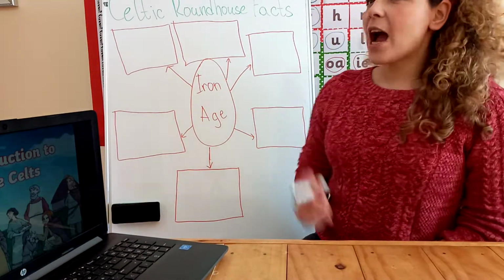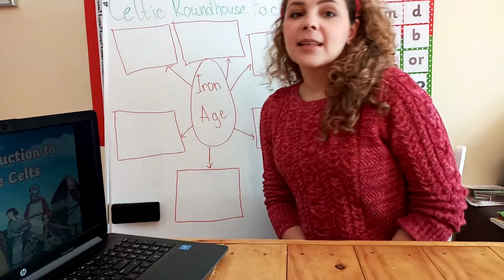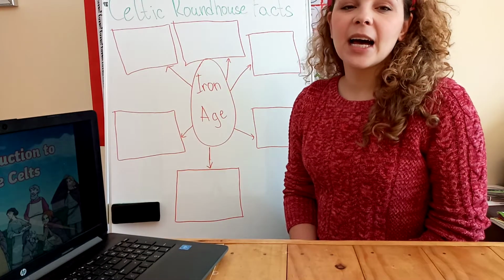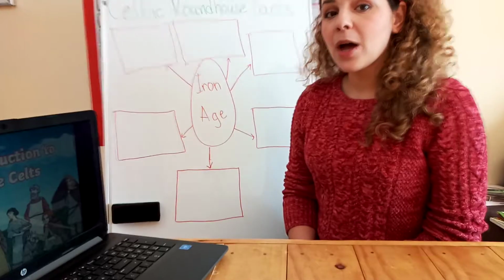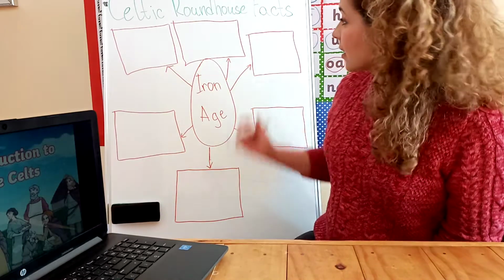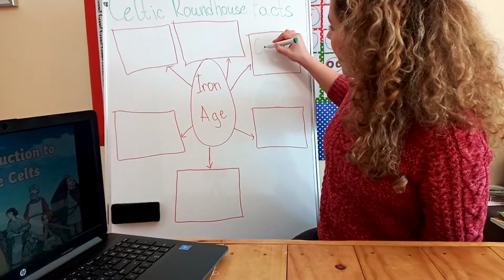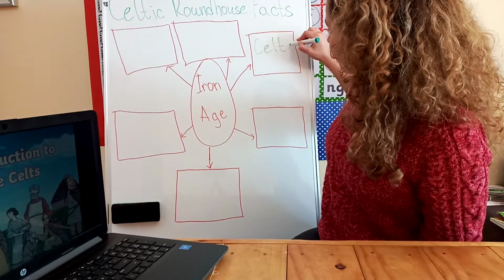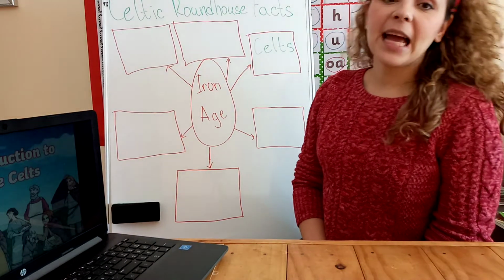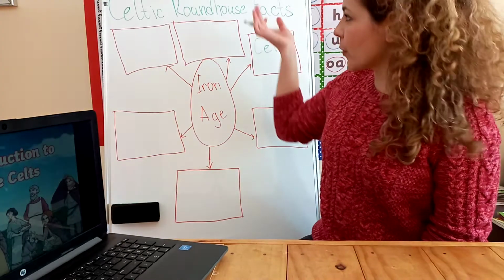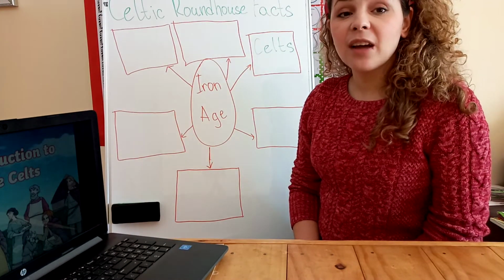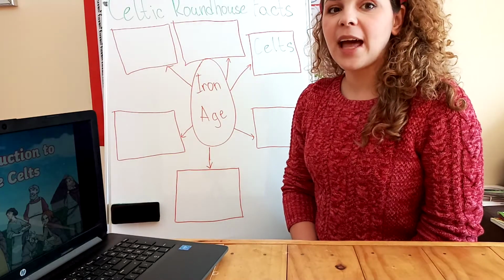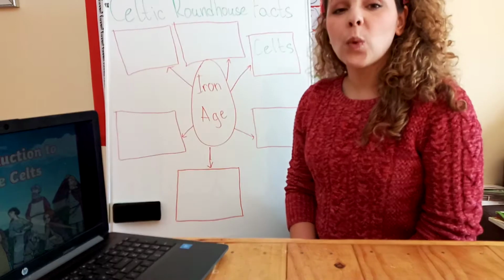Let me see what I remember. So I remember that Celtic roundhouses existed a very long time ago, and the people who lived in them were called the Celts, okay? So I'm going to write here, Celts, for example. Then what I also remember, of course, they were round, and I remember that they were very dark inside, and the reason for that is that they had no windows, yeah?